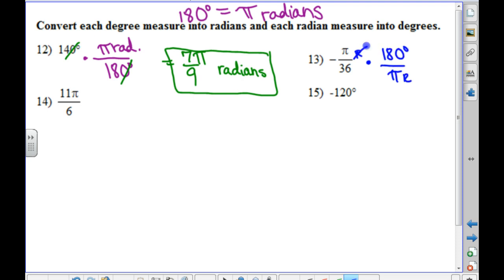Now the radians cancel. Lucky for us, so do the pi. And we have 180 divided by negative 36. It's negative 5 degrees. Be careful, we don't want to lose that. We don't want to lose the negative or the degrees.